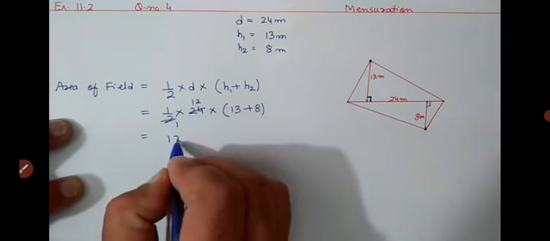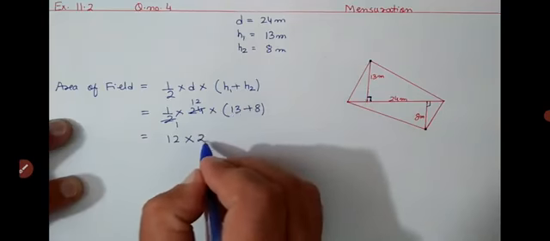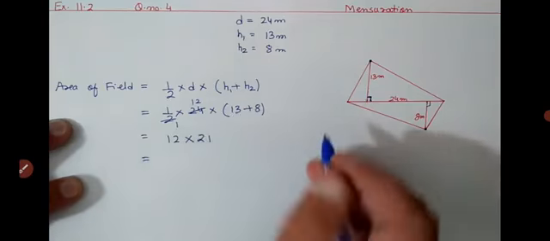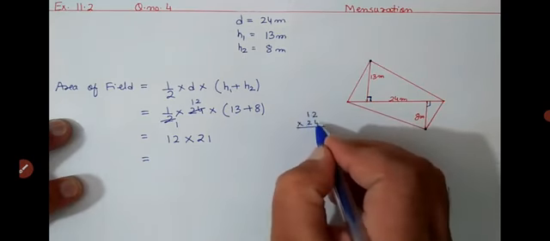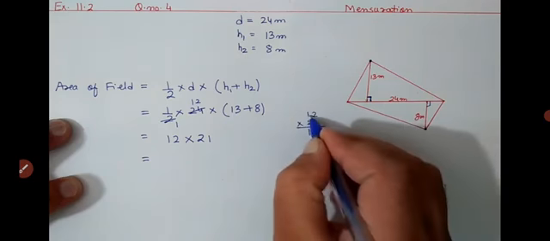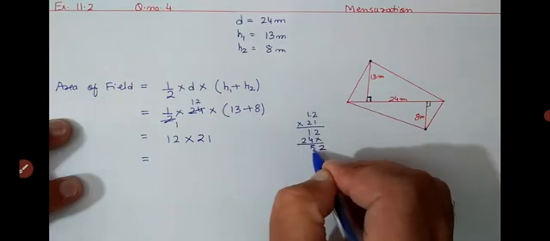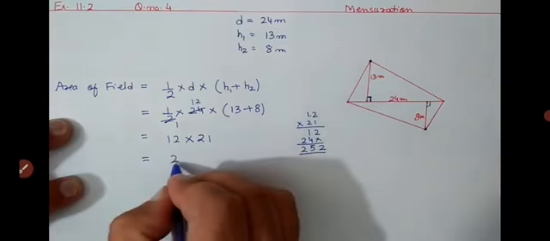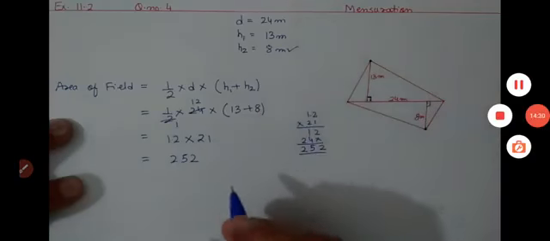So you can get 12 into 13 plus 8. What you can get? 21. Now 12 into 21, then you can get 252. Okay, so your answer is 252. Area है, that means meter square.